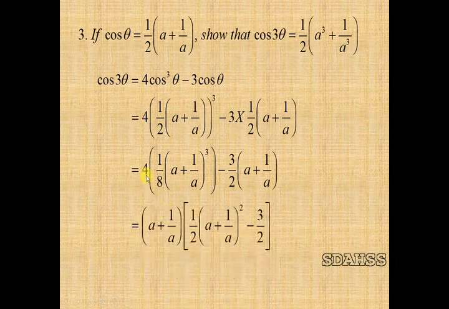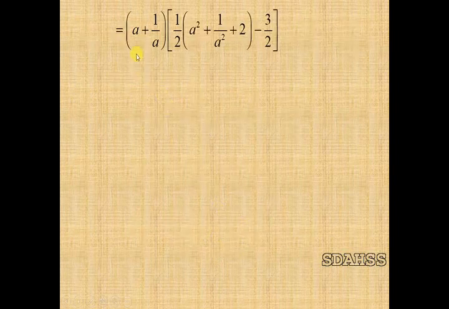Then cancel the numerator and denominator by 4 tables. So you have 1 by 2 into a plus 1 by a whole cube minus 3 by 2 into a plus 1 by a. Here a plus 1 by a is common. So take outside. So you have a plus 1 by a into 1 by 2 into a plus 1 by a whole square minus 3 by 2. A plus 1 by a into 1 by 2, that is a plus 1 by a whole square.